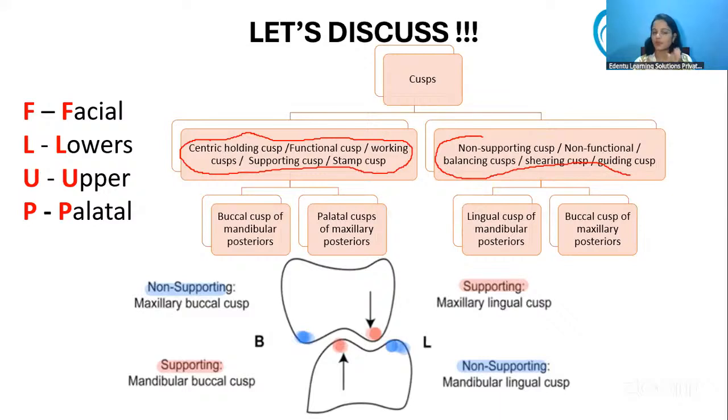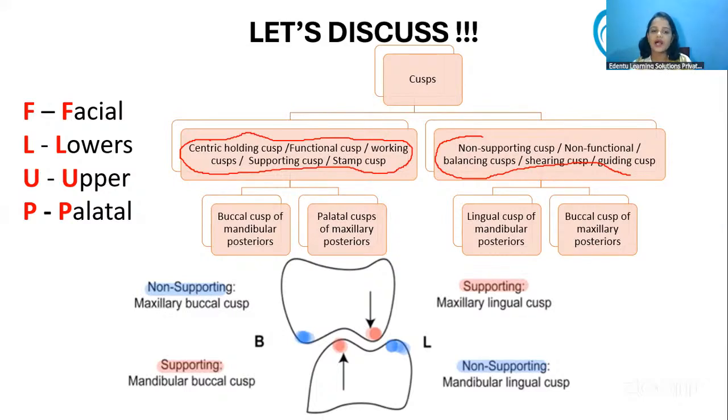Supporting cusps are the ones which bear the maximum load in occlusion. They maintain the vertical dimension of the face, and they contact the opposing fossae or the marginal ridges also. They help in mastication and stability.